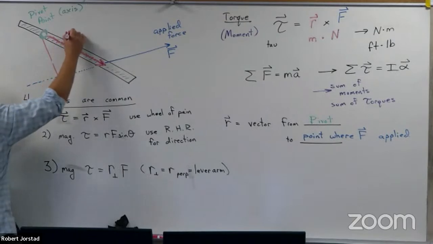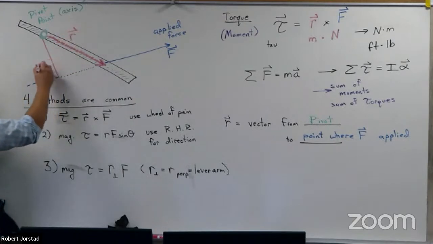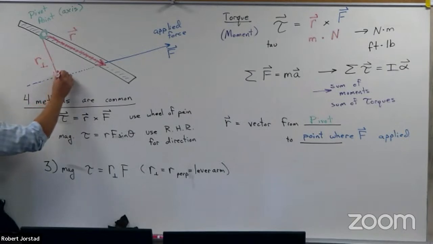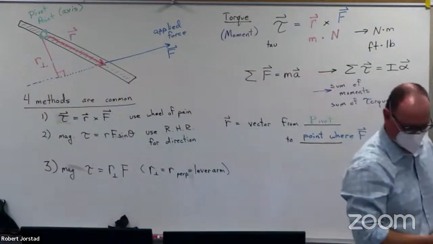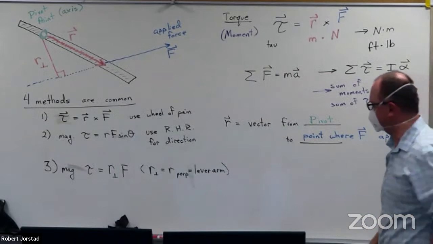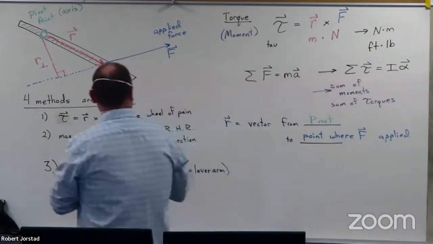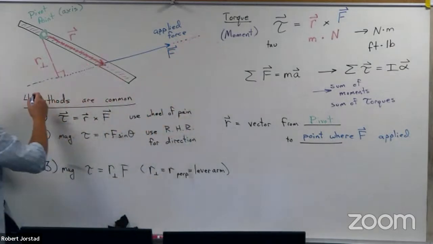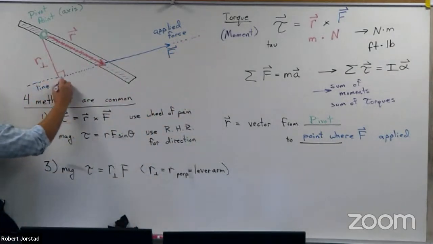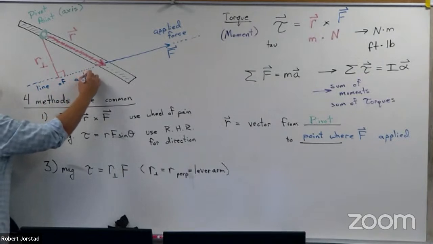If this is R, this would be R perp, the perpendicular distance to a line that runs through the force, imaginary and infinite in direction. We're going to call this line that runs through space infinitely in all directions the line of action.